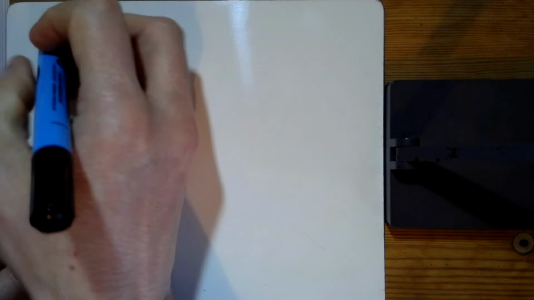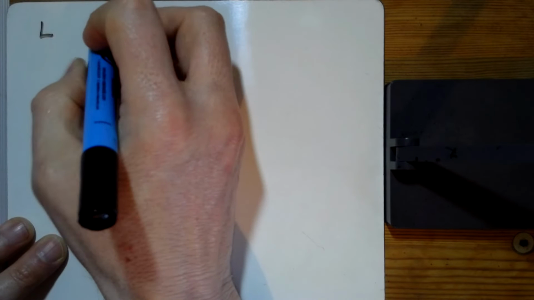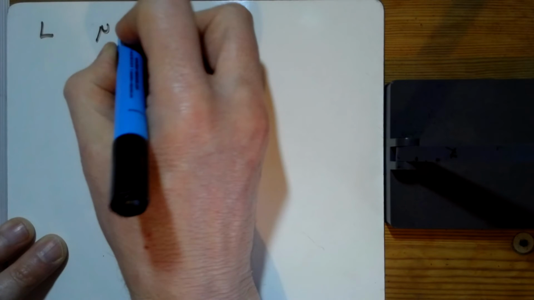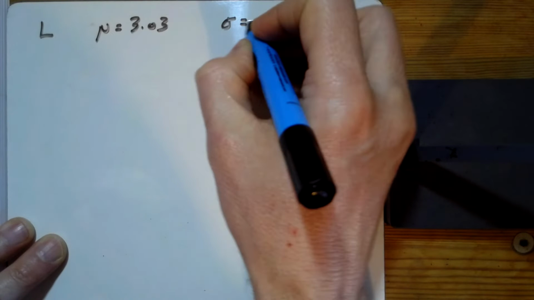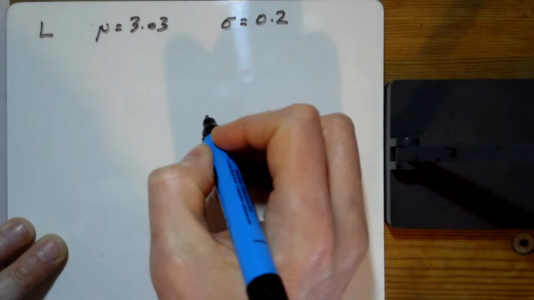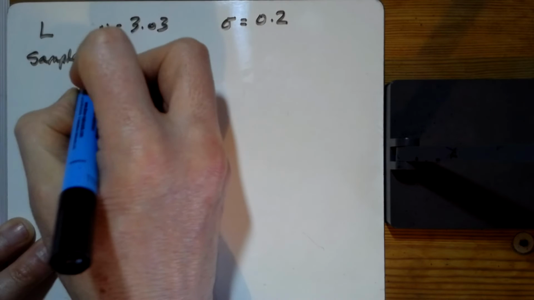Question 3, the lengths of the bolts, and this time we don't know what distribution they have, but they do have a mean of 3.03 and a standard deviation of 0.2 centimeters. We're going to do a sample of 100 of them.